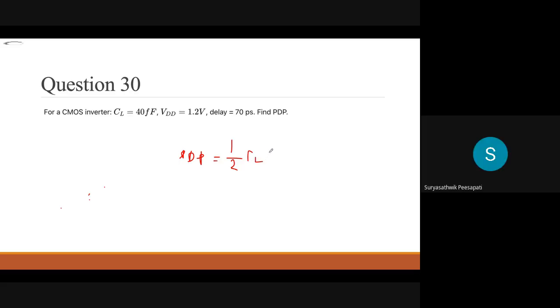That is E average. Now tell me the value of CL. So half of CL, CL is 40 into 10 to the minus 15, multiplied, right? 40 into 10 to the power minus 15.